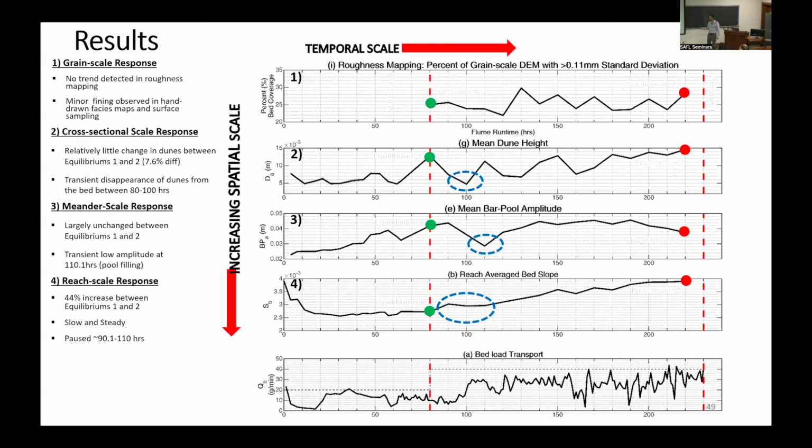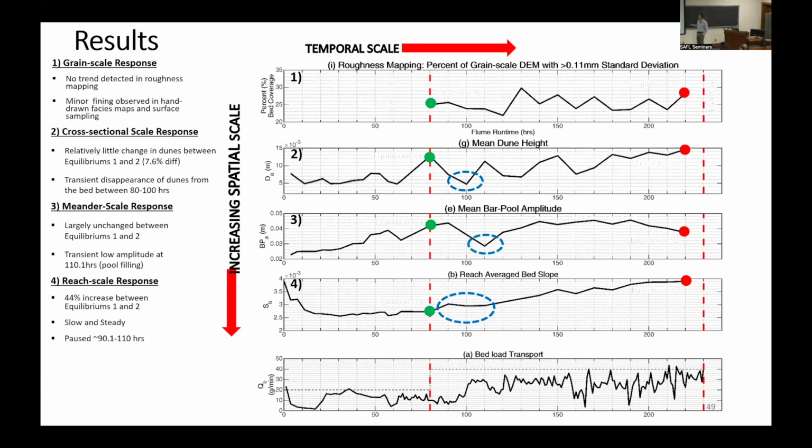But my argument is that this temporary stalling of that slope increase while the dunes and the bars were adjusting their height is important. In other words, the channel was able to respond by first dealing with this smallest scale dune geometry. That got overwhelmed, so then it moved to reducing the bar pool amplitude.